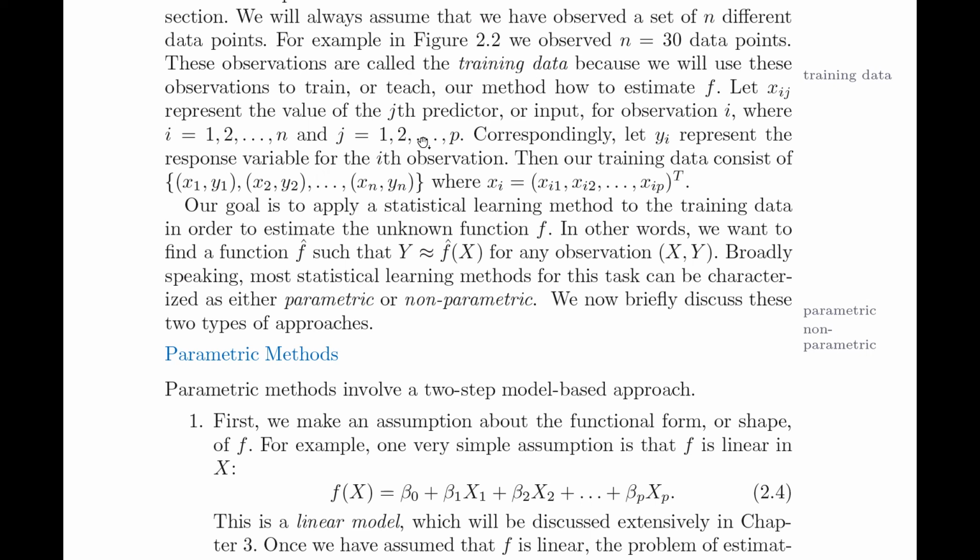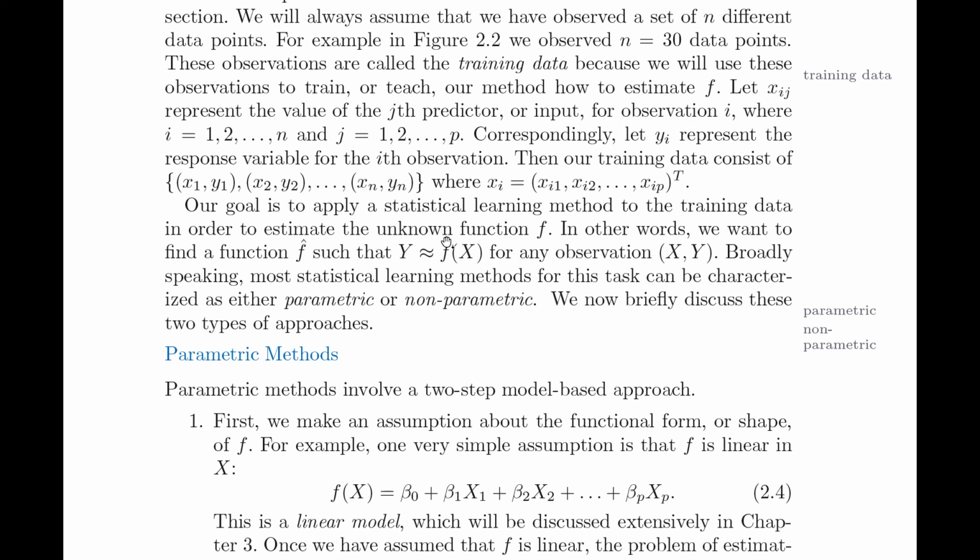Xij represents the value of the jth predictor or input for observation i, where i runs from 1 to n. It's the same n data subjects. j is from 1 to p. The output, that's a single index. It's yi.